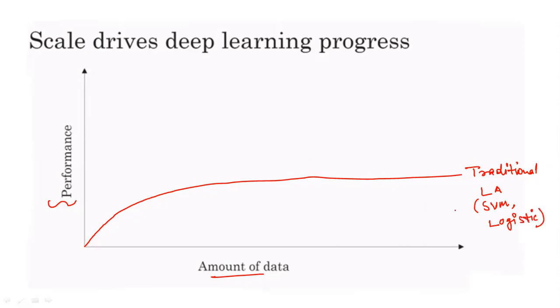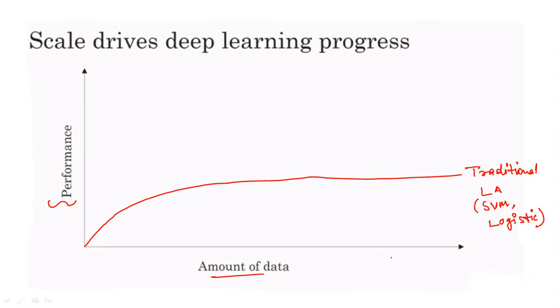What this curve implies is that when you have a small amount of data, the performance of the learning algorithm increases to a particular extent, and after that it gets somewhat constant.